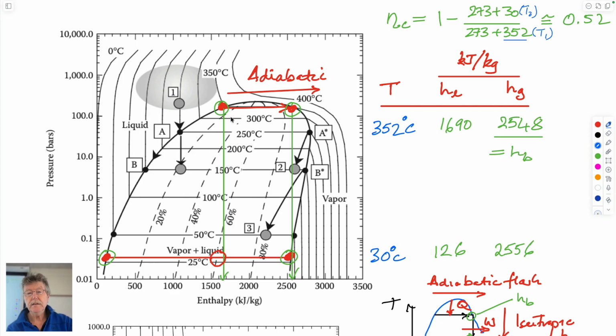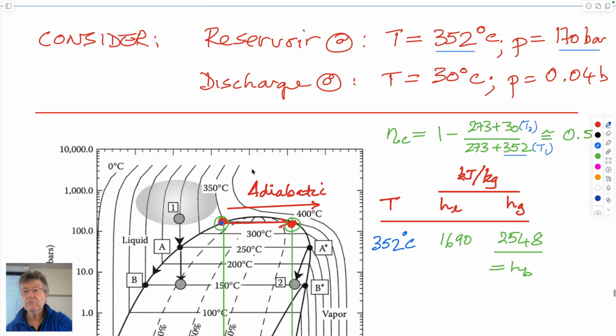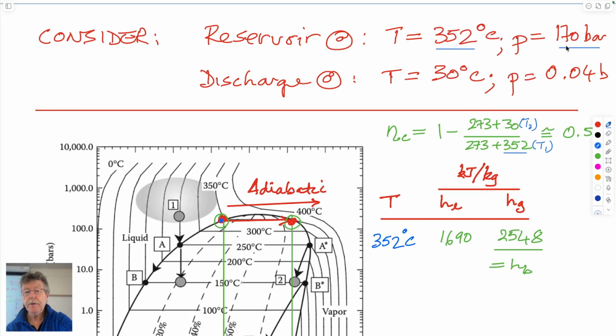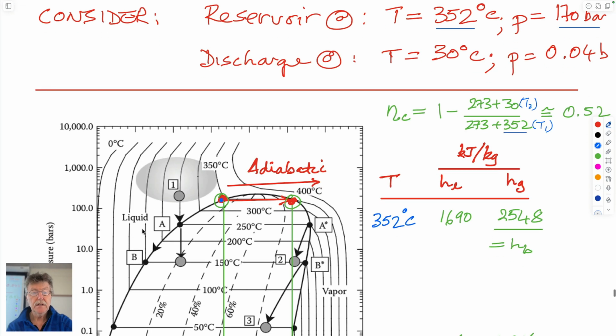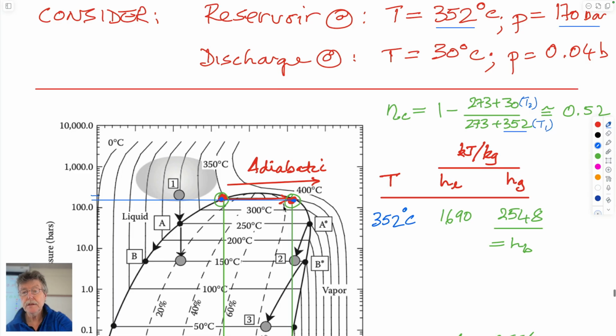If we look at the water coming into the system, into the steam tables, it comes in at 350 and 170 bars. So this is 170 bars, this would be 200. So this is 170 going across here. Comes in here. This is liquid. This is 100% steam, would represent the change across there.